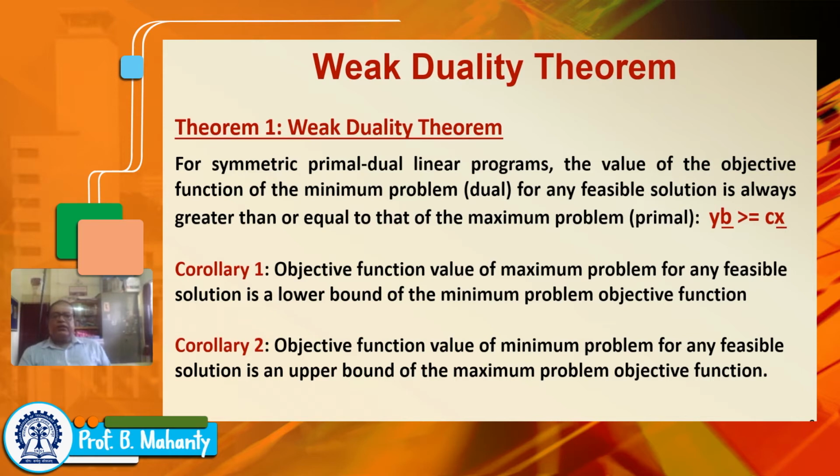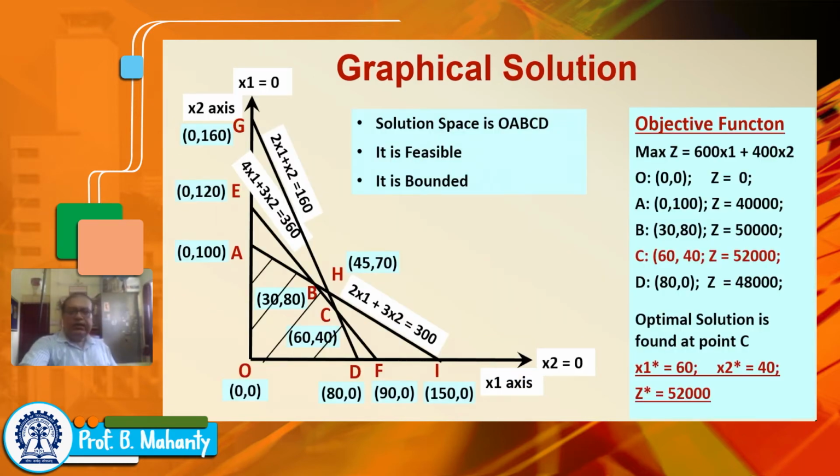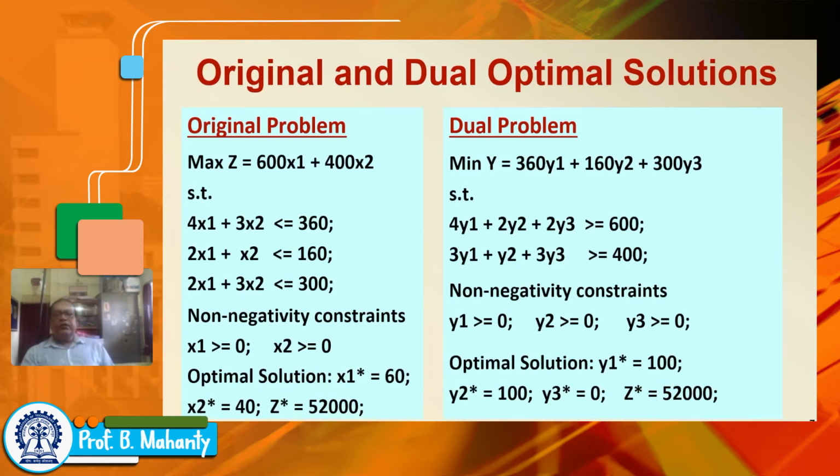Similarly, the objective function value of the minimum problem for any feasible solution is an upper bound of the maximum problem objective function. In the last example, let's go back to that example once again. We see that for the minimum problem, suppose a particular solution is 55,000.